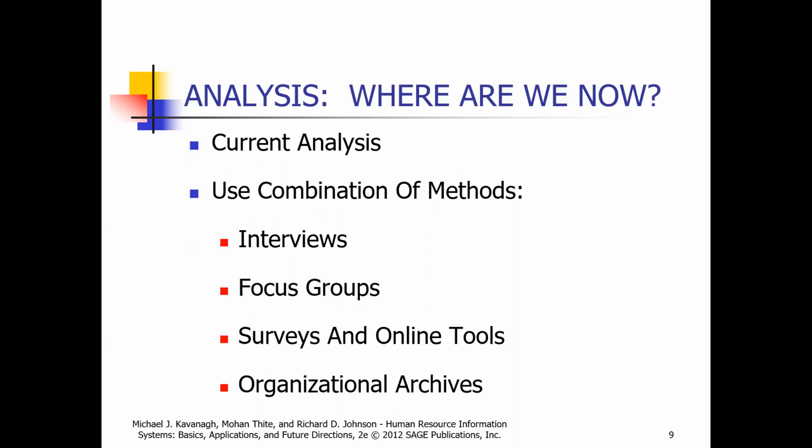For the current analysis, where are we now, the current situation, uses a combination of methods. People working in the organization might be interviewed. Focus groups might interact with the employees within the organization, and those employees might give very basic insight or face-to-face information.